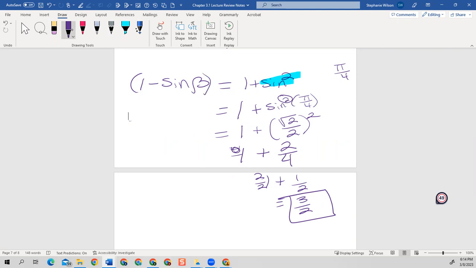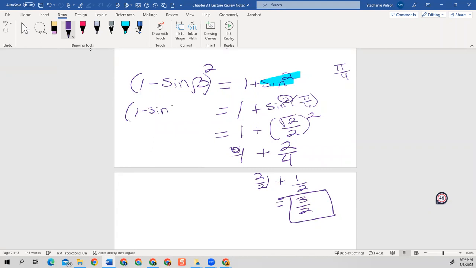So now we need to see if this other side actually equals that. And if it does, then I got a true statement here. So on this other one, we can take the 1 minus that sine of pi over 4 and put in the square root.